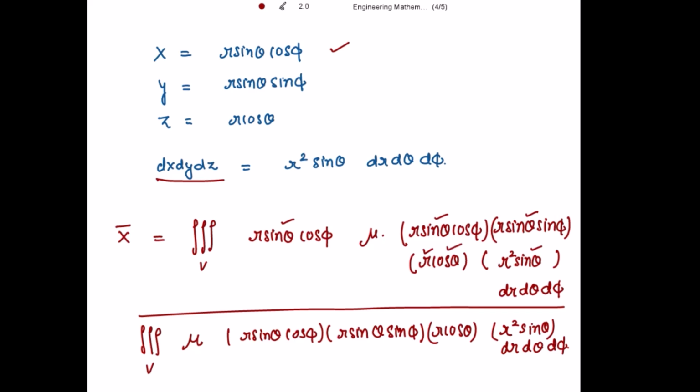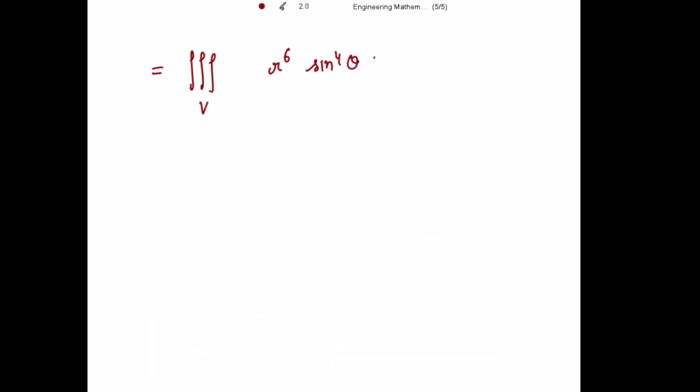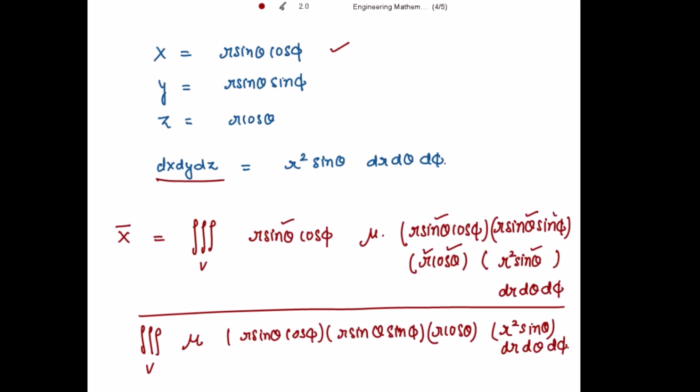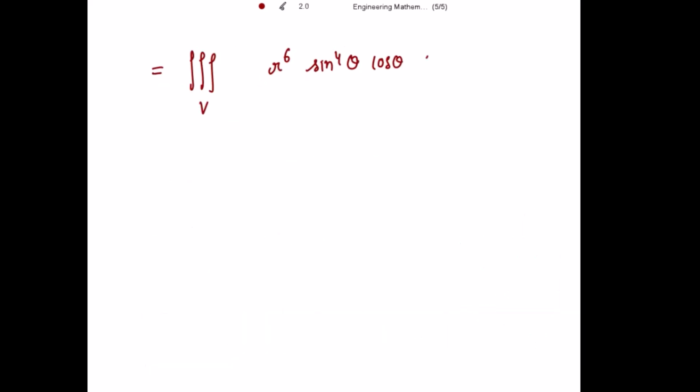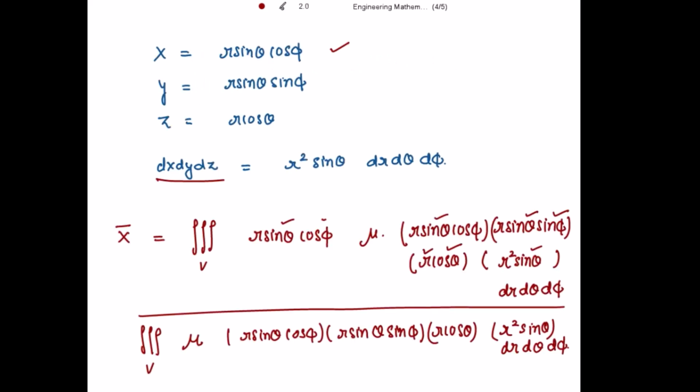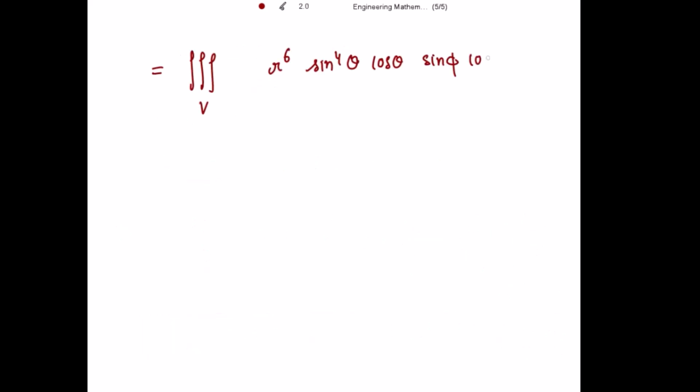Then we have cos theta. Then sine phi, and cos phi, that's it. Cos square phi. And also there is mu. So this is dr d theta d phi.